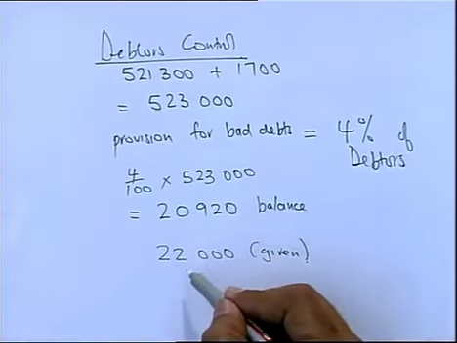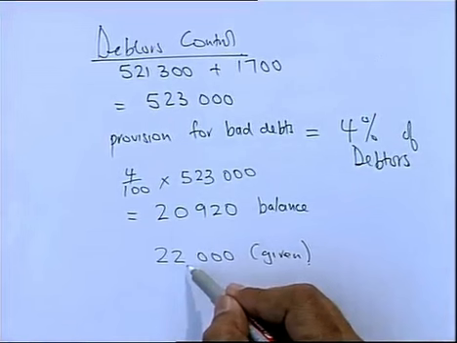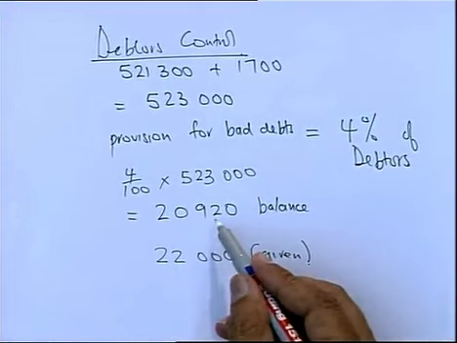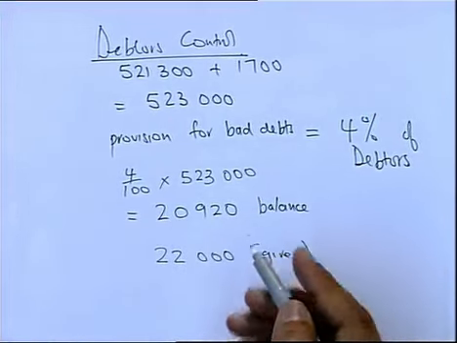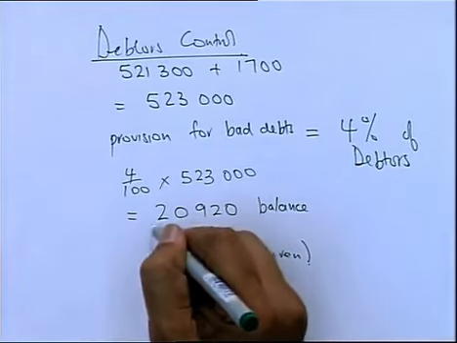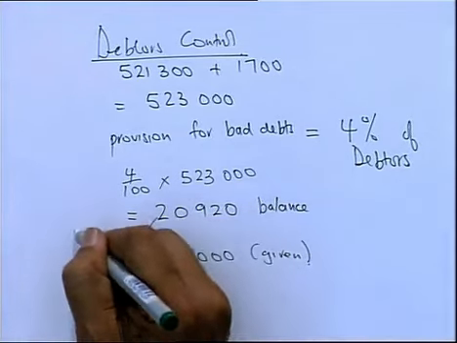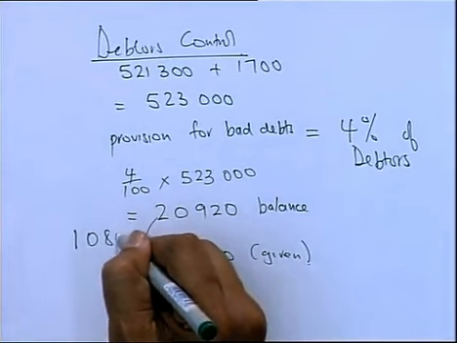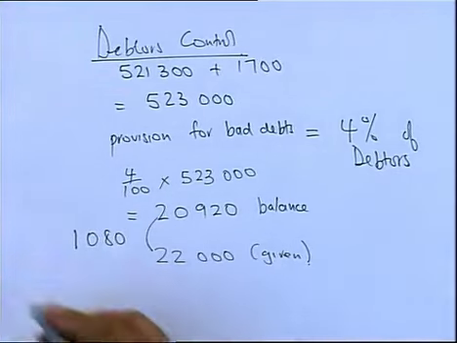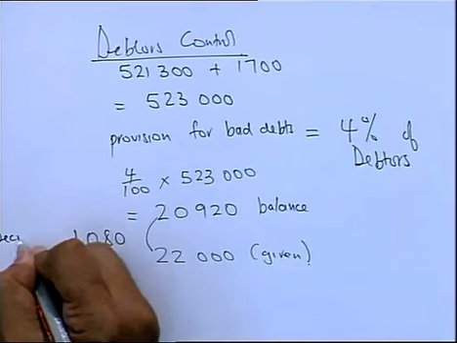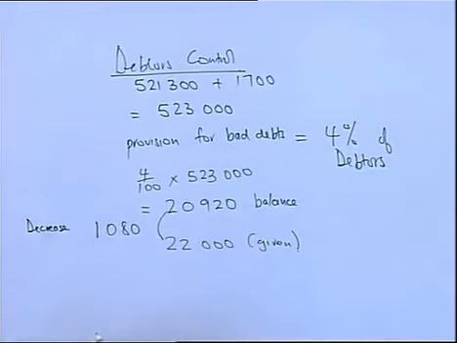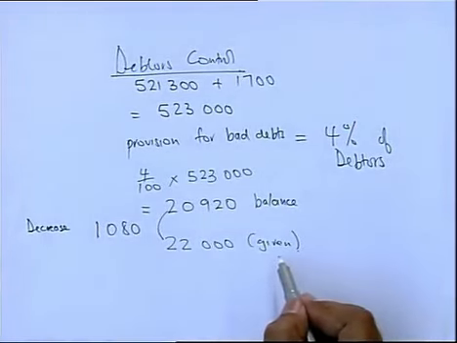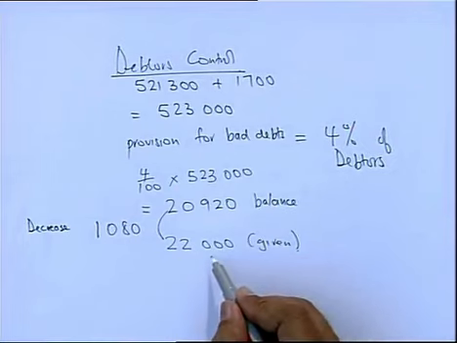So how do we move from 22,000 to 20,920? We obviously have to minus the difference between the two, which will be 1,080, and it will be a decrease in the provision. The provision given in the trial balance is 22,000.